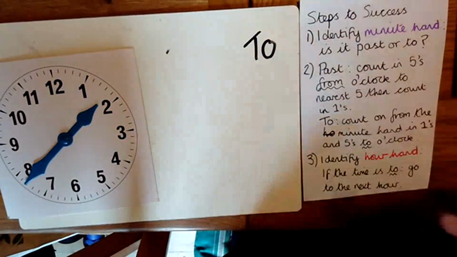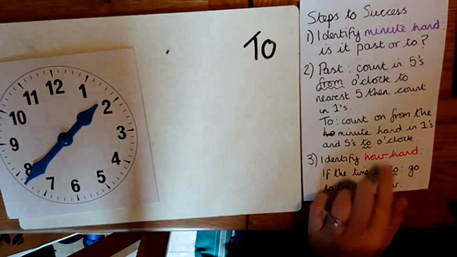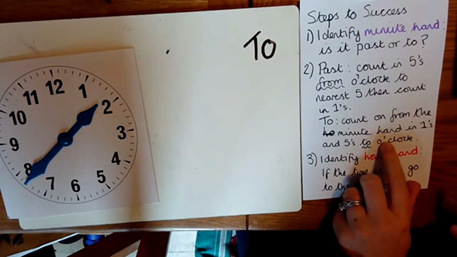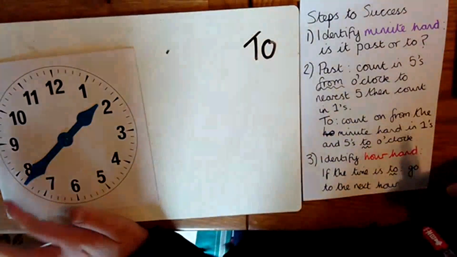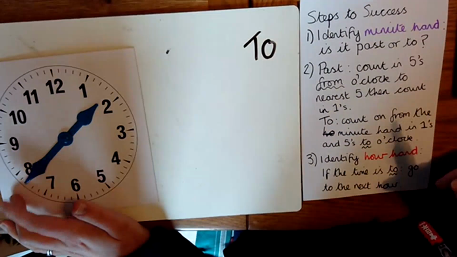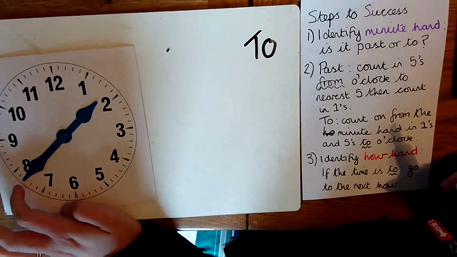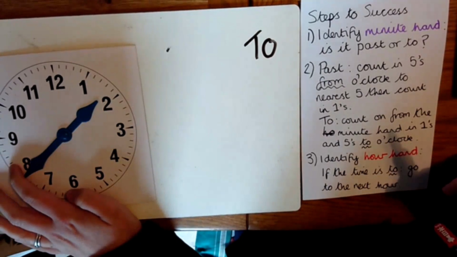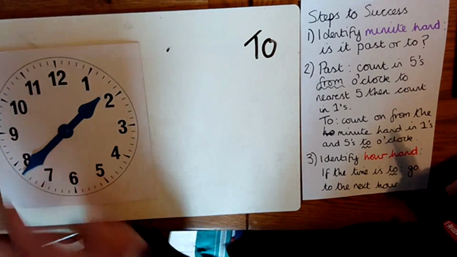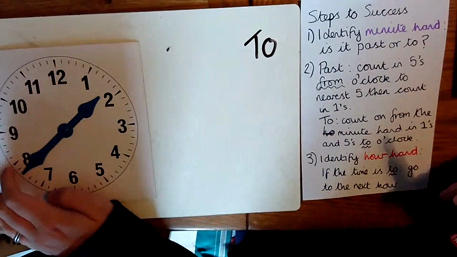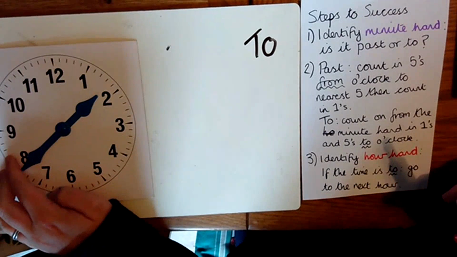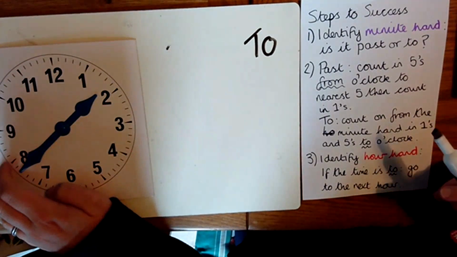So again, I'm just going to write this here to help as a bit of a reminder. So when it's 2, I'm going to count in ones and 5s. So what I suggest is you count in ones to the nearest 5. 1, 2. And then I'm going to count on my 5s from here.